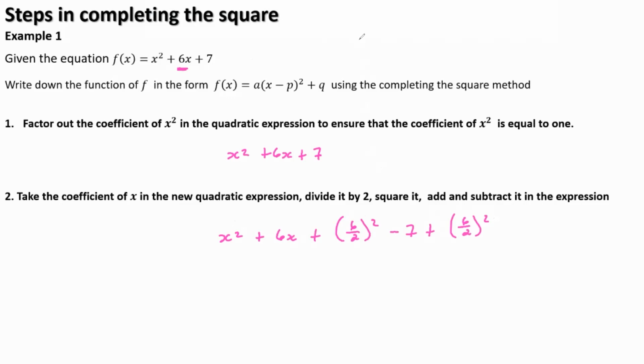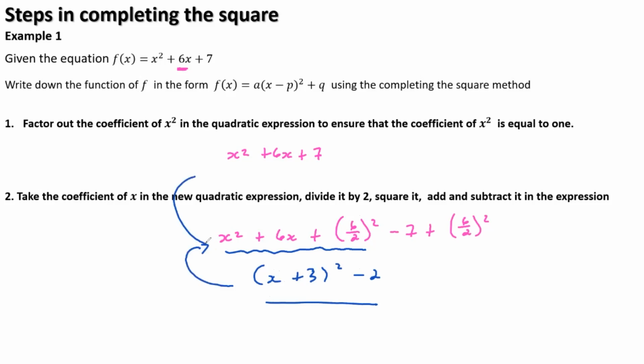Then the key was factorizing this, and when you do that, you end up with x plus 3 squared. Like I said, take the number in the brackets, don't square it, and then minus 2 at the end of the day. Eventually, when you open up every single thing, you're going to get back to the same point.